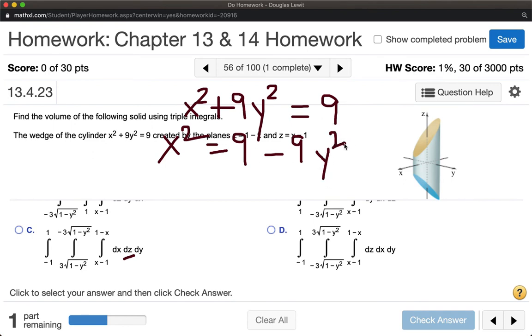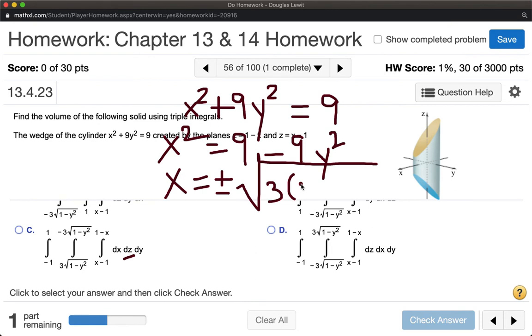Then x is equal to plus or minus the square root of, and let's factor out the 9.